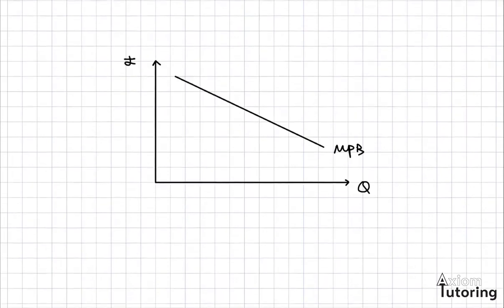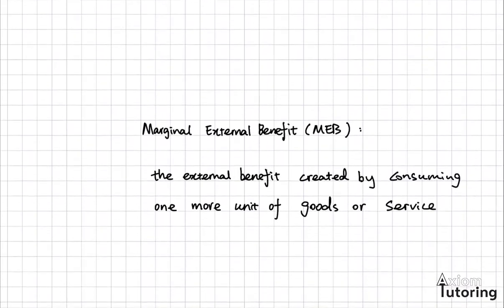Now, marginal external benefit, which is the additional benefit to third parties from consuming one more unit of a good or service. One more person getting vaccinated gives them private protection, but also reduces spread and protects other people. That extra protection to others from one more vaccination is marginal external benefit.